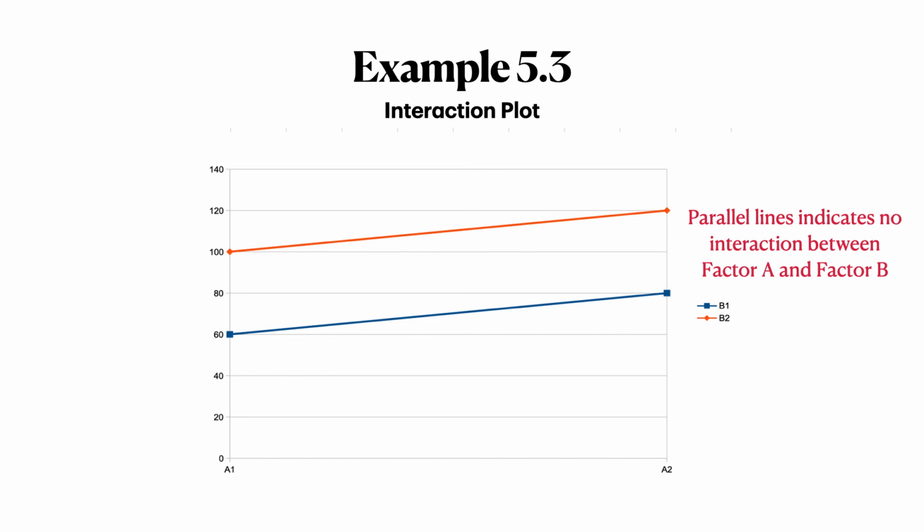Now, because there's no interaction, the effects of the two factors are additive. You'll remember that we said that when an interaction exists, that means that the effects of the factors on the response are not additive. But if there's no interaction, that implies that the effects of the factors are in fact additive.